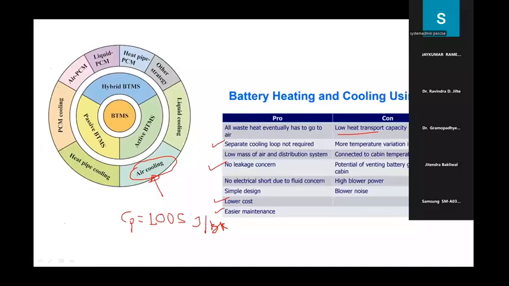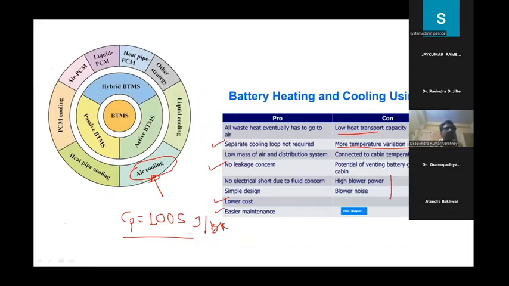If the specific heat is very less, it will have lesser capacity to pick up the heat from the system. What do you mean by this? More temperature variation in a pack. We'll try to understand, but it creates unequal temperature variation. Parasitic power requirement is very high. We need to use a blower to circulate the air.